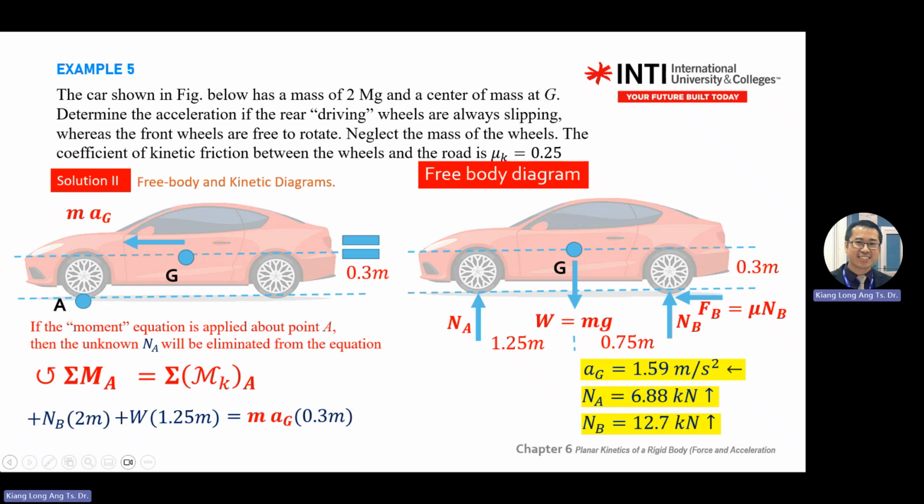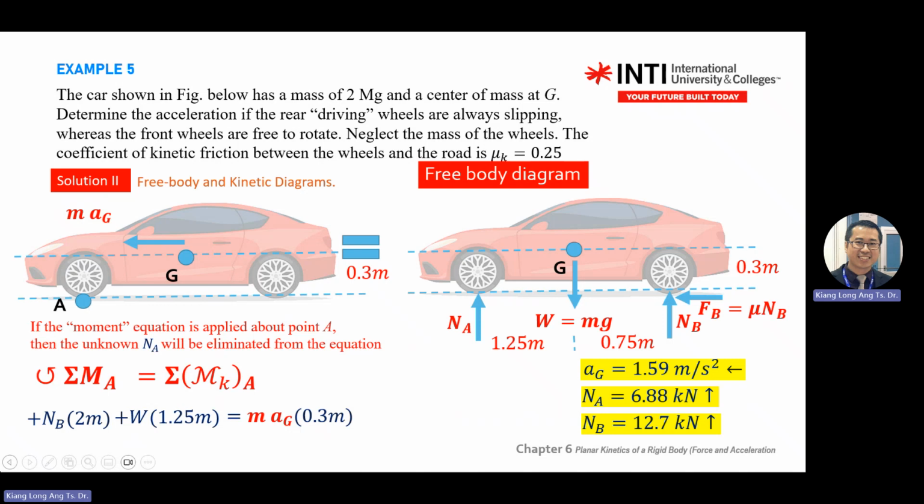W should be clockwise, so this one should be negative. Typo error in my slides. If you put your hand here, W is clockwise, so it should be negative, not positive. Typo error. And it equals mg.